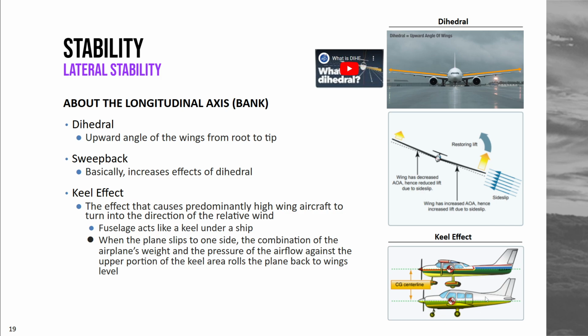So that's why aircraft with low wings have a larger dihedral angle, because they don't get the keel effect benefits as much as high wing aircraft. So if you look at pictures of low wing aircraft, they'll have a larger dihedral than these high wing 172s.